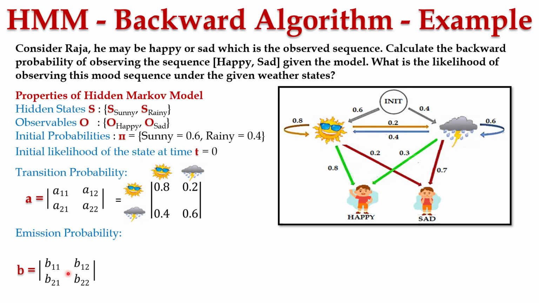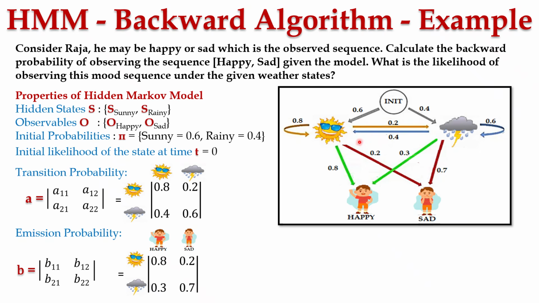Here, the matrix value B11 represents the probability of Raja being happy during sunny. The value is 0.8 in our model. Next, the matrix value B12 represents the probability of Raja being sad during sunny.